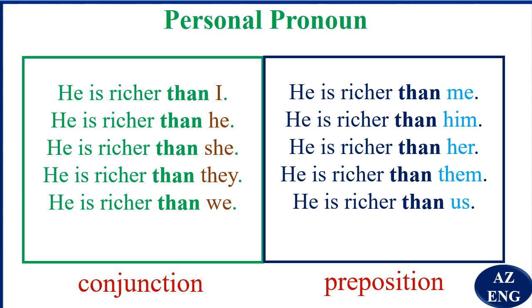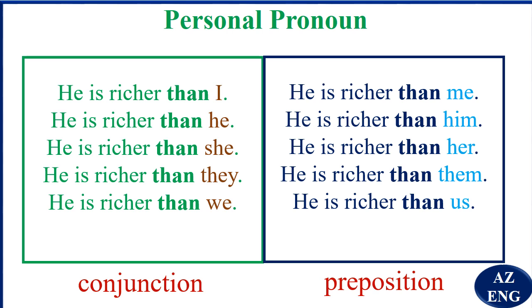But if your teacher taught you that the correct one is he is richer than I, he is richer than he, he is richer than she, he is richer than they, you use than I, not than me, than he, not than him, than she, not than her, than they, not than them, than we, not than us.